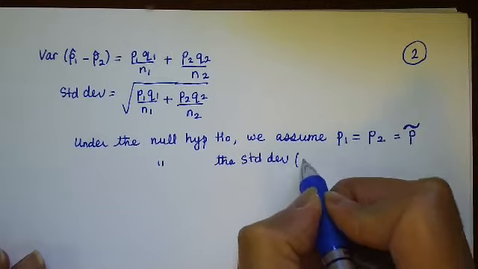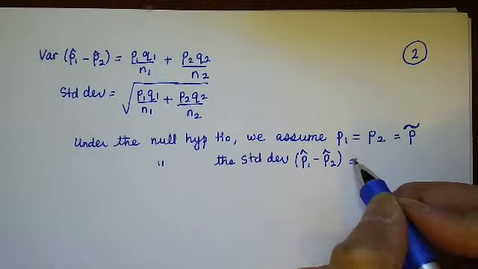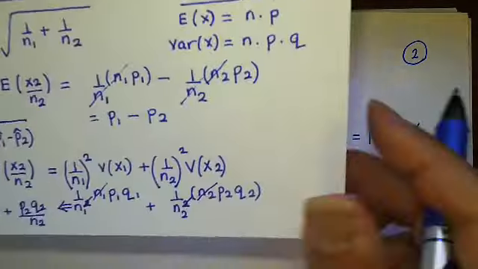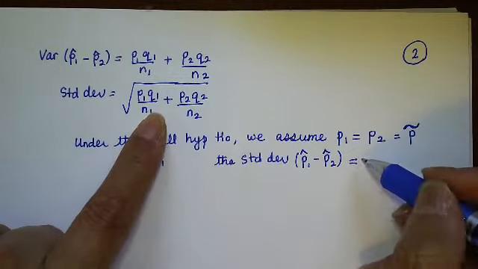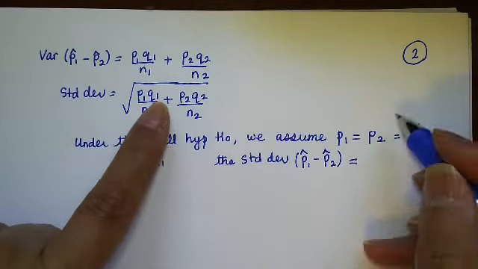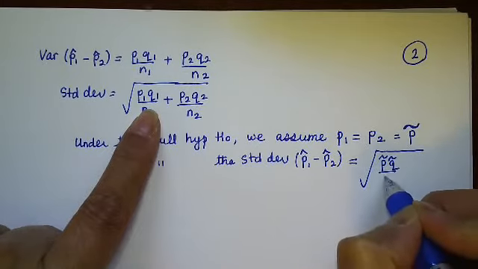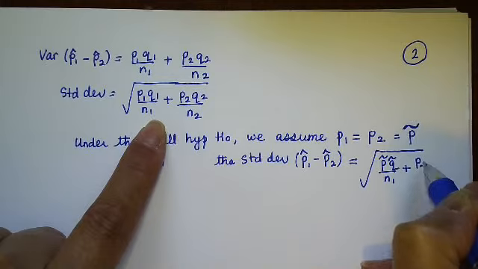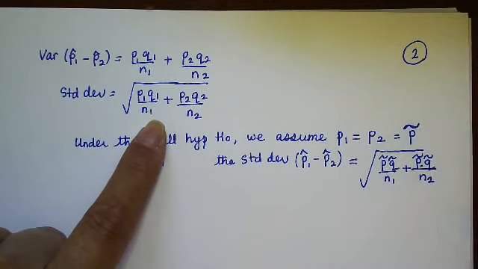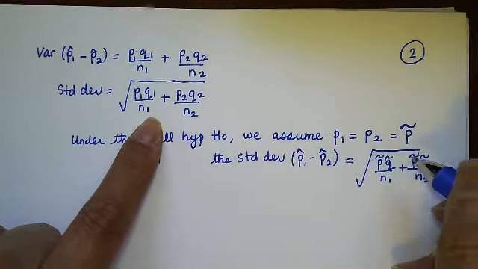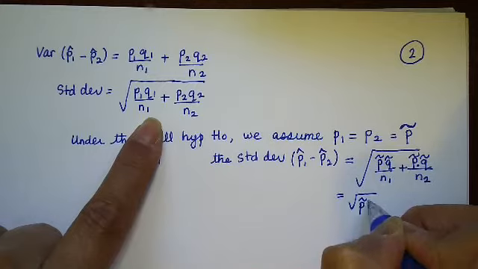So under the null hypothesis, the standard deviation of P1 hat minus P2 hat is given by P tilde Q tilde over N1 plus P tilde Q tilde over N2.